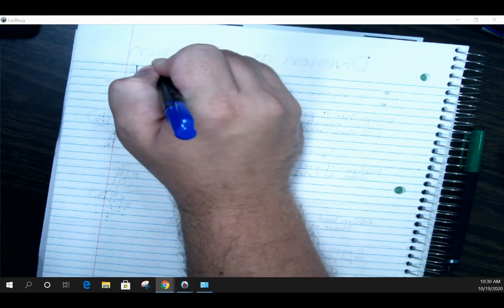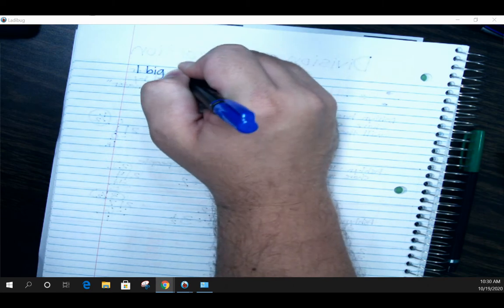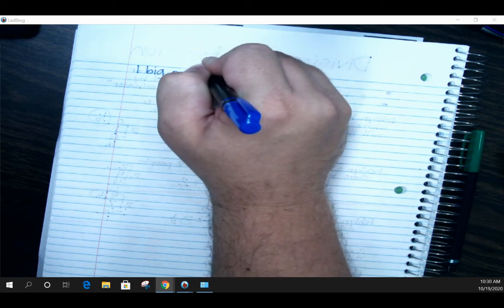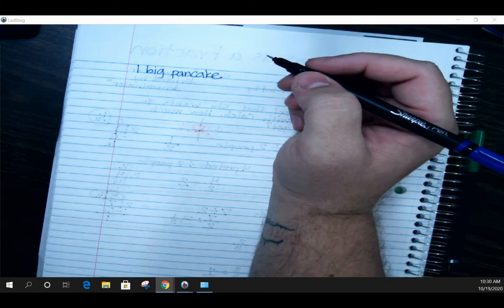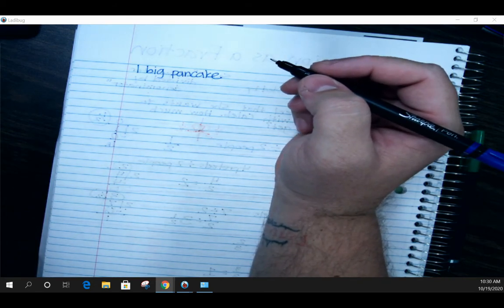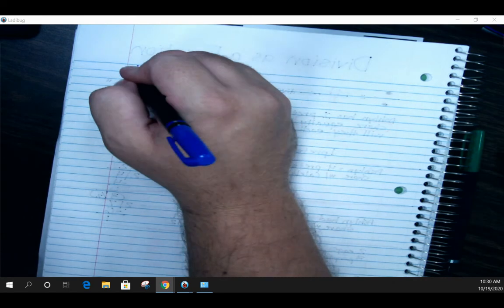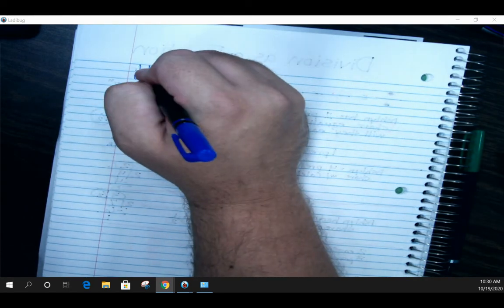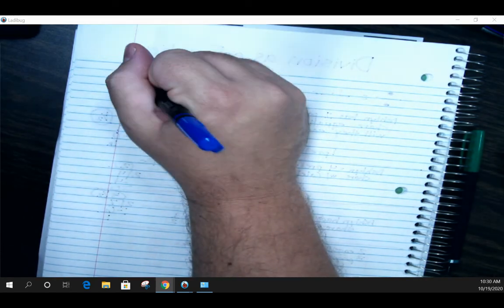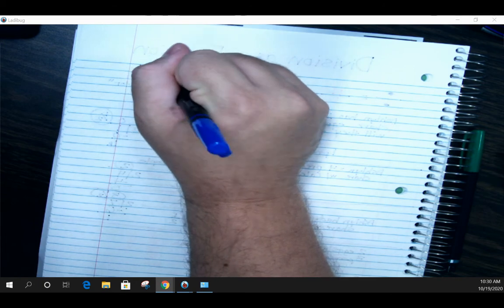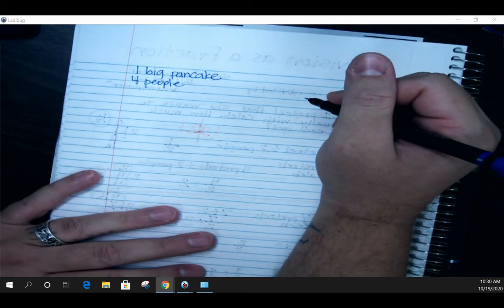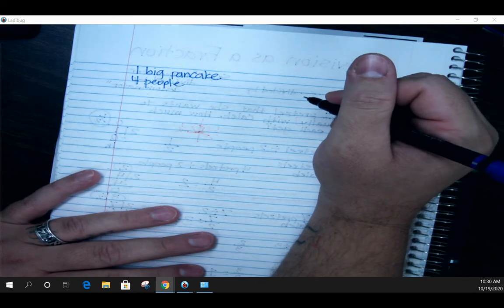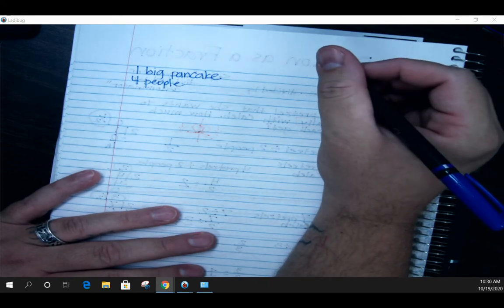One big pancake. For his family. How many people are in my family? 4. Bartley, Crystal, Noel, Judah. But I just made the biggest pancake I've ever made, and I'm going to share it with 4 people. What is my division problem?